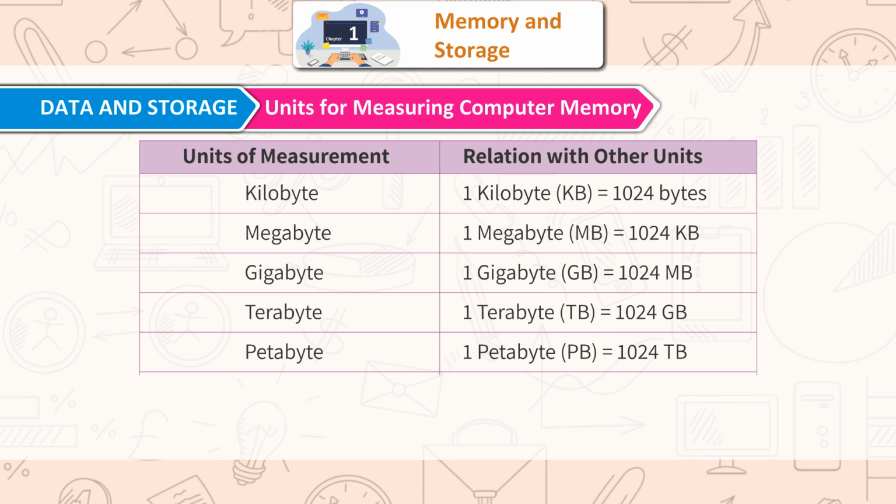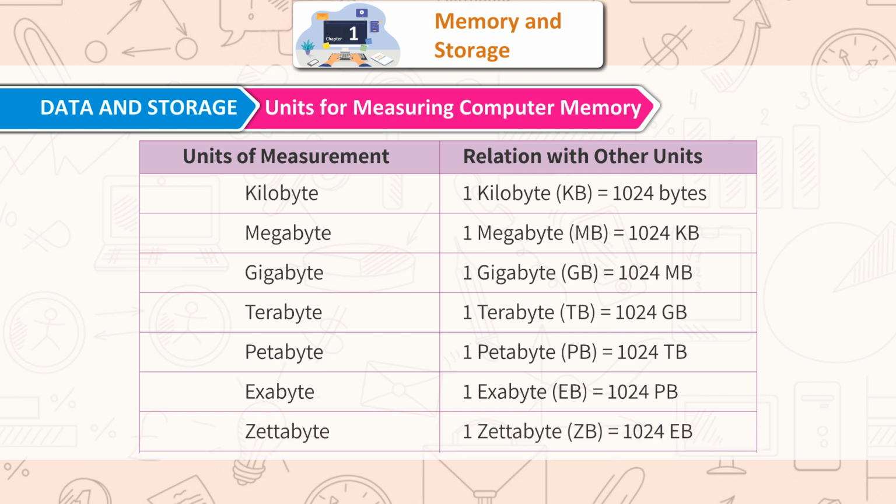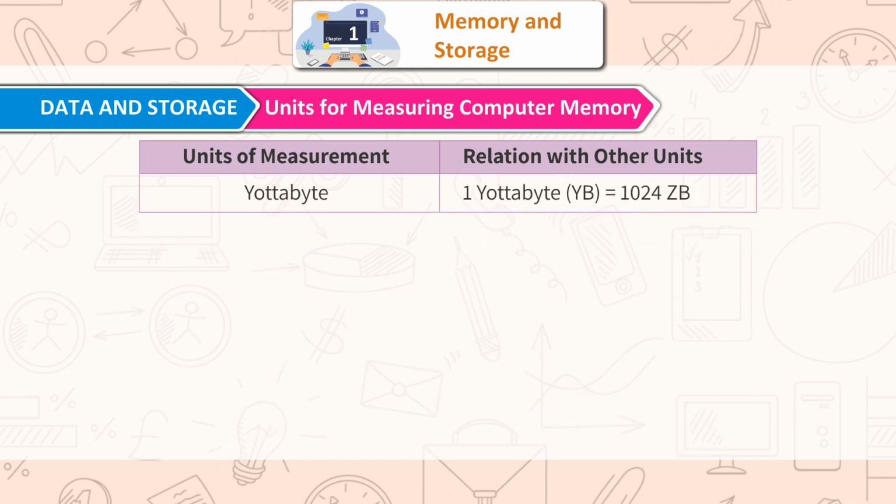Petabyte. 1 petabyte, PB, equals 1024 TB. Exabyte. 1 exabyte, EB, equals 1024 PB. Zettabyte. 1 zettabyte, ZB, equals 1024 EB. Yottabyte. 1 yottabyte, YB, equals 1024 ZB.